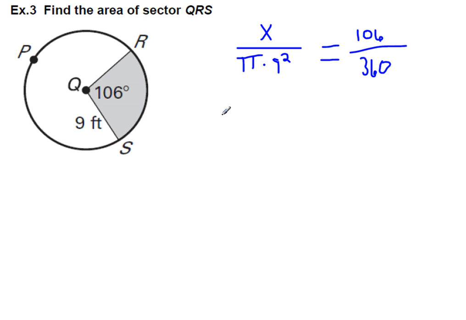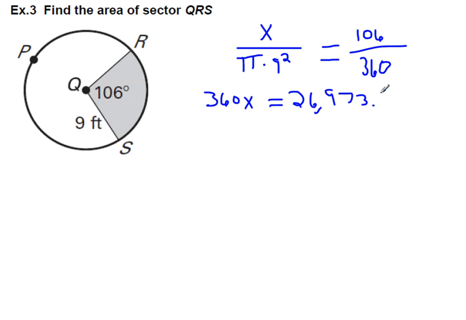Okay, well, that was the new part. Now it's just cross-multiplying. So 360x equals, and then we're going to multiply all this on the other side. So pi times 9 squared times 106. Go ahead and enter that into your calculator. Again, use the pi button. Pi times 9 squared times 106. And get kind of a big number here. 26,973.7.